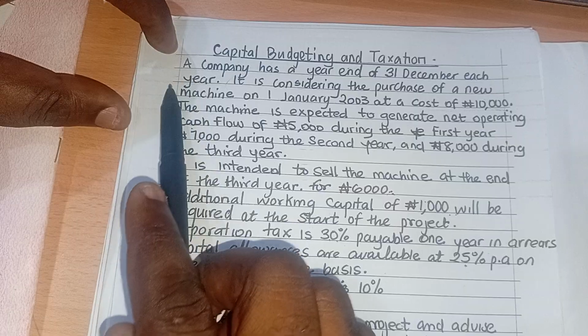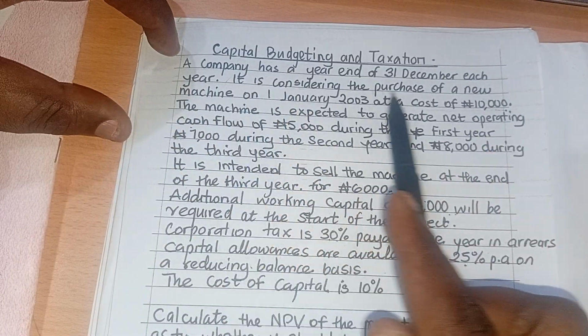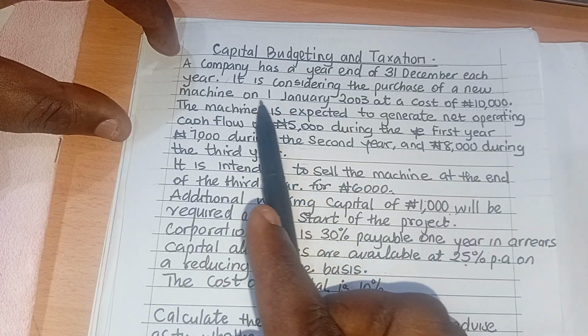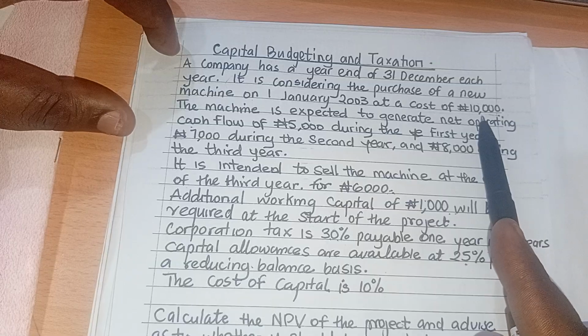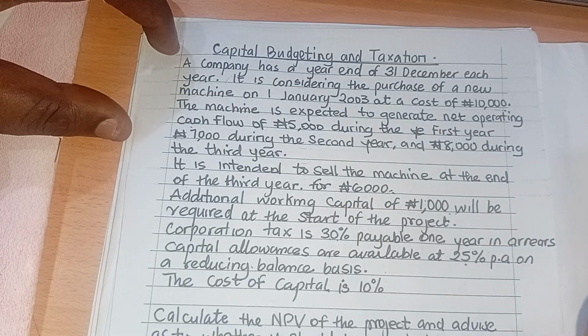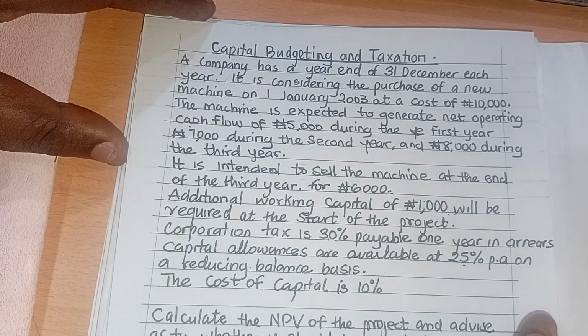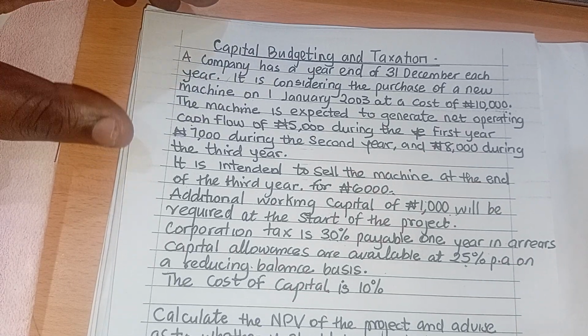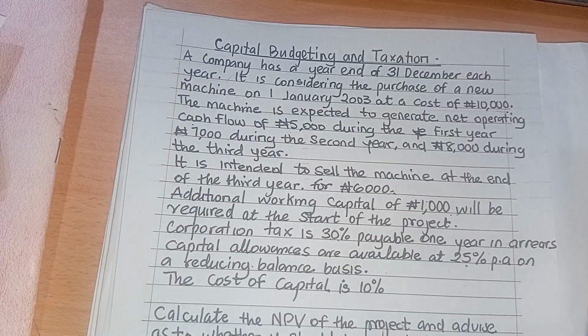A company has a year end of 31st December and is considering purchasing a new machine on 1st January 2023 at a cost of 10,000. So the first thing when you see a question on capital budgeting is to first identify the relevant cash flows, those cash flows to be included in our computation.